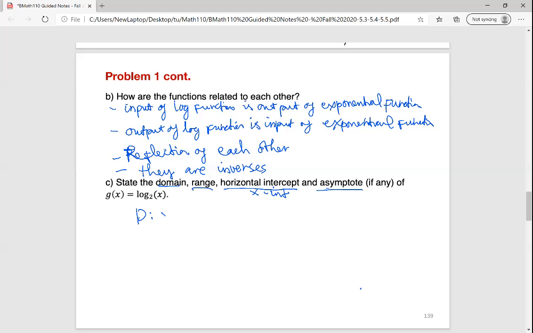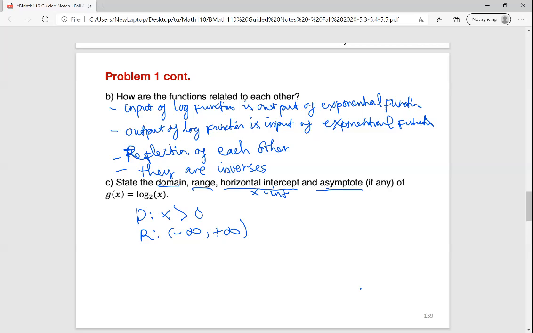In here, x is the argument. That means x is greater than 0. Okay, what is the range? The range will be the same as the domain of the exponential function, which is all real numbers, from negative infinity to positive infinity.